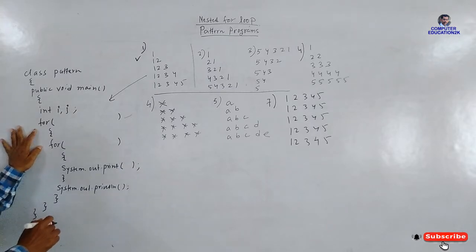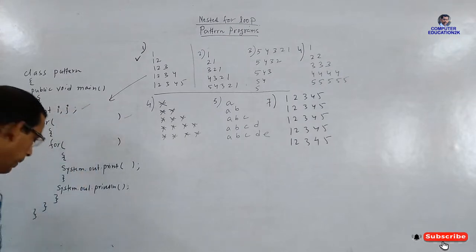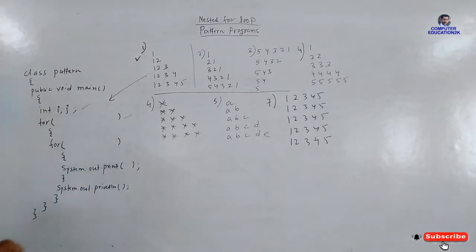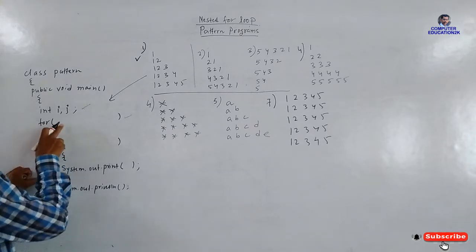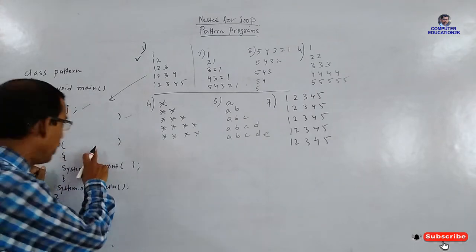So how will we write this loop? You can see I have taken two variables here, i and j. This loop I will write using i, and this loop I will write using j.